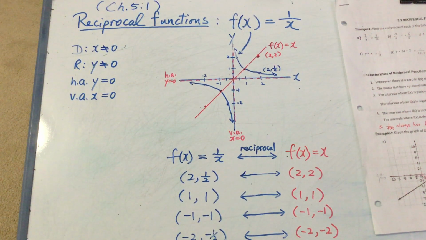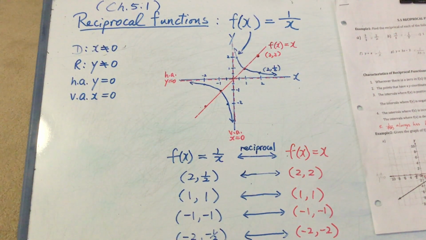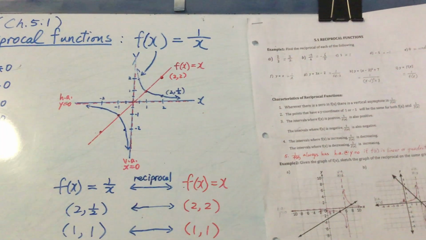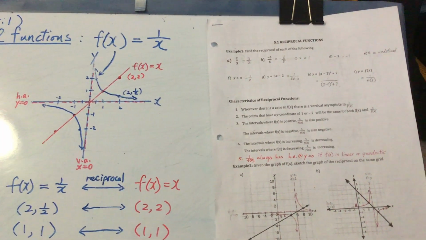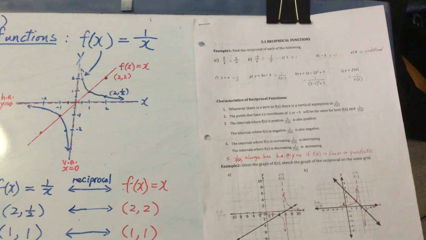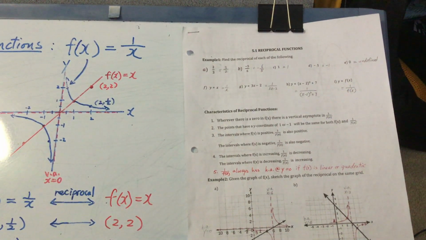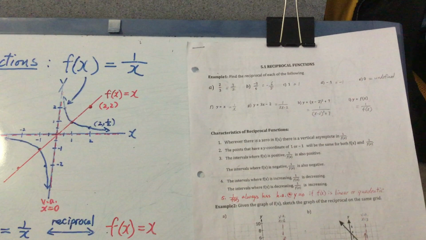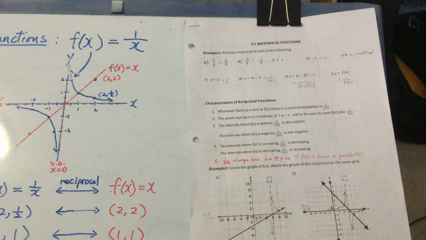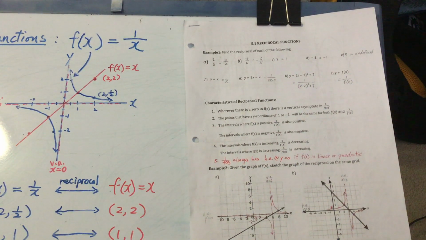Now, let's take a look at the handout, the first handout of 5.1. On this handout, we get to have a lot of practice on the concept of a reciprocal. For example, number 1, we want you to find the reciprocal of each of the following. So the concept is, again, how do we find the reciprocal?